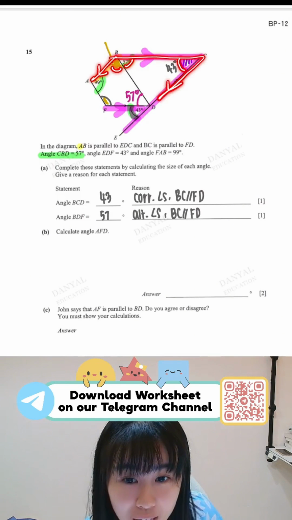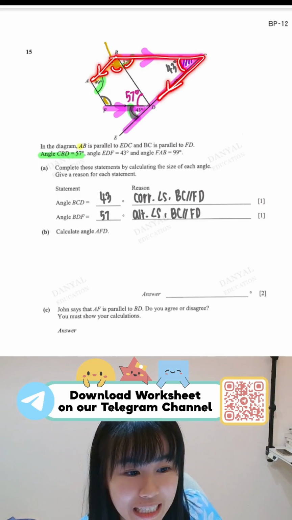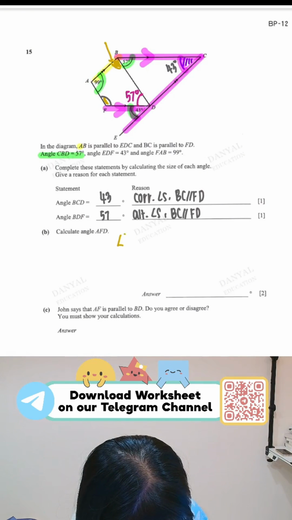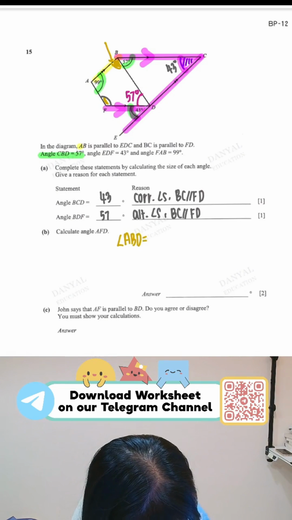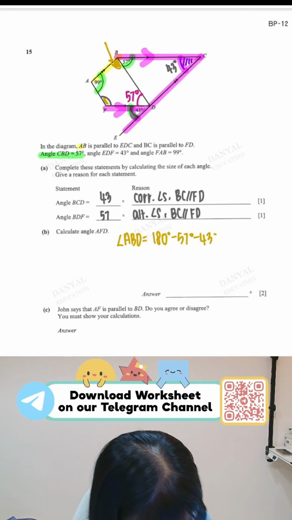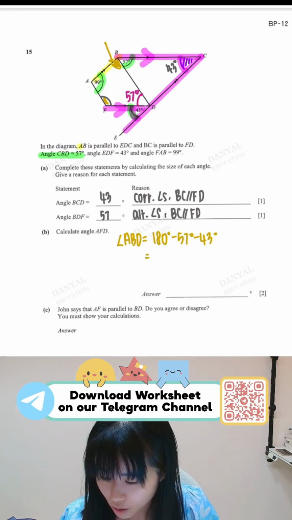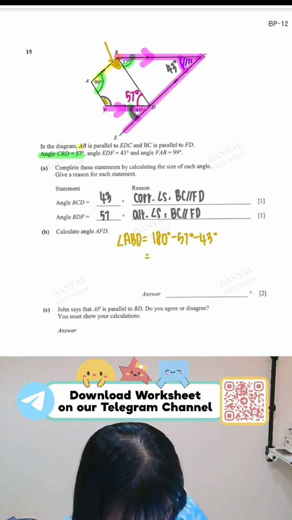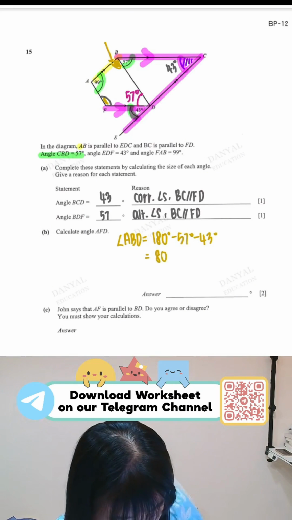This one just now I told you all is your interior. Yes. So we can find that. Angle ABD is 180 minus 57 minus 43, which I think you will get 80. Yeah, 80.